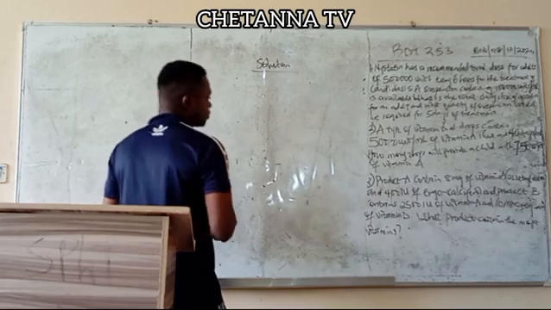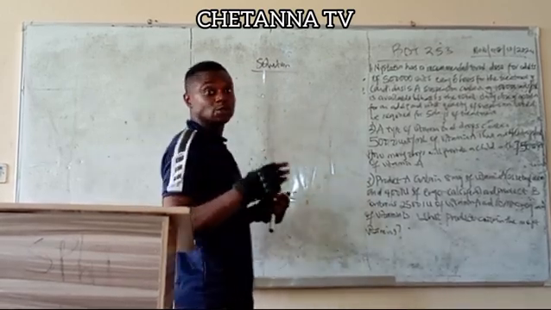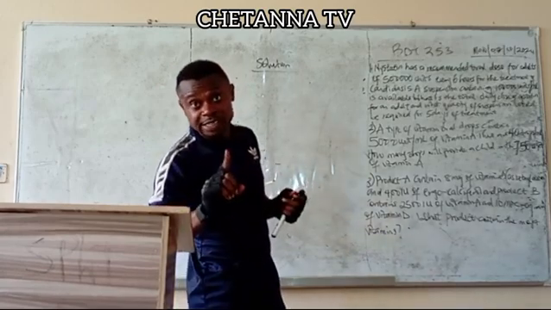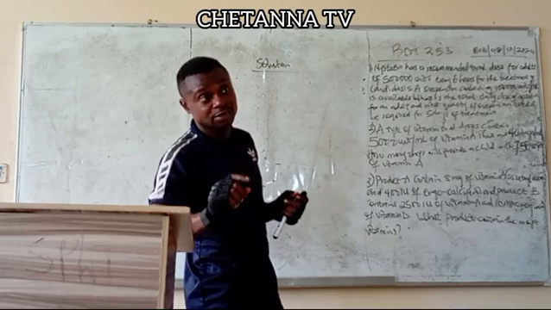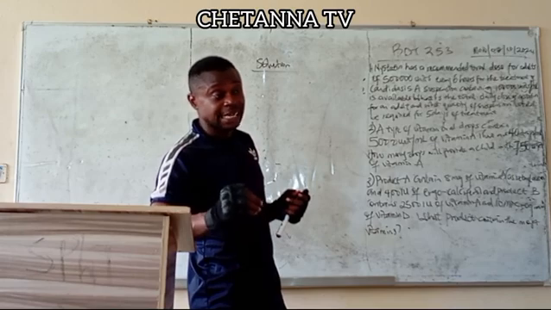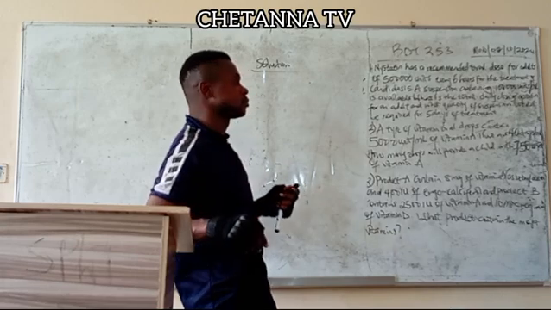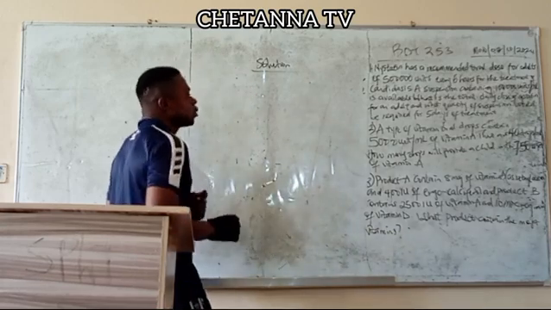So let's go. These are the techniques you will use when you are answering OBJ MCQ questions. Am I communicating? Please, these are the things that will help you to be fast in solving questions. All right, so let's go.